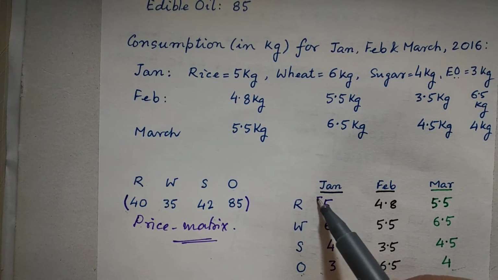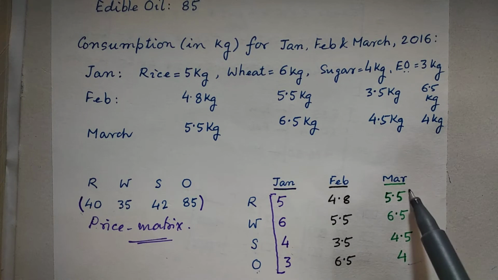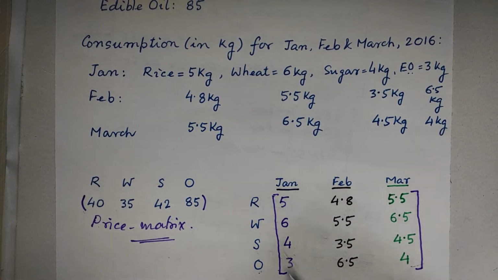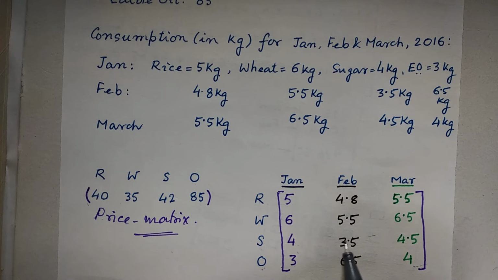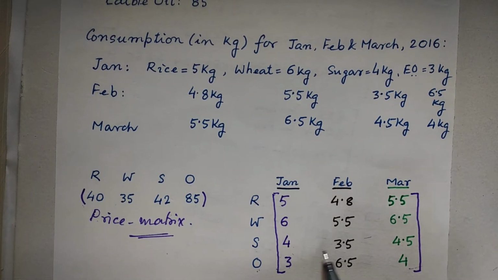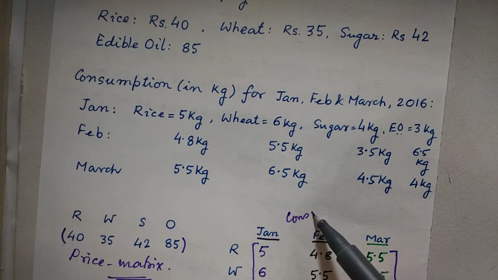We can enclose this in a bracket. The bracket may be a square bracket or a first bracket, whatever you like. This square bracket and the entries within it constitute another matrix. This may be called the consumption matrix.